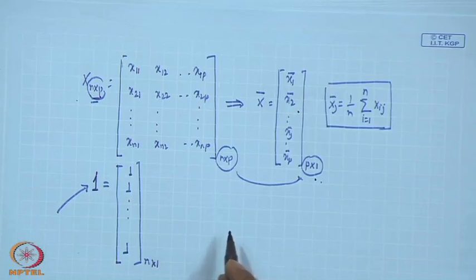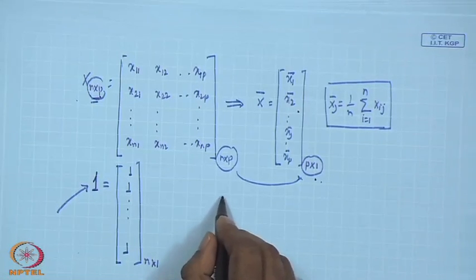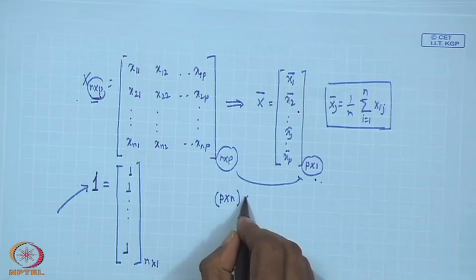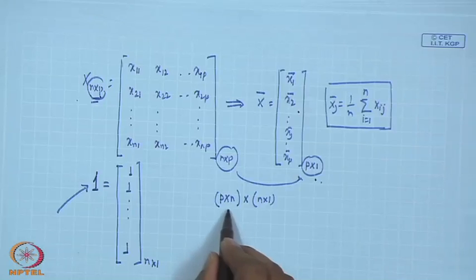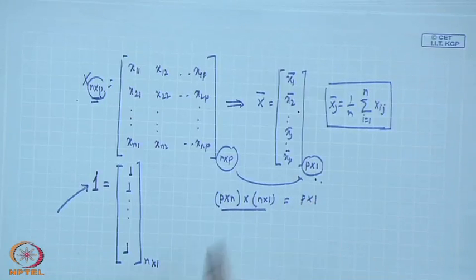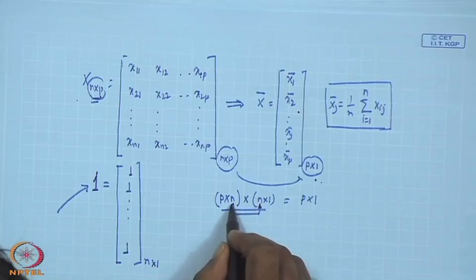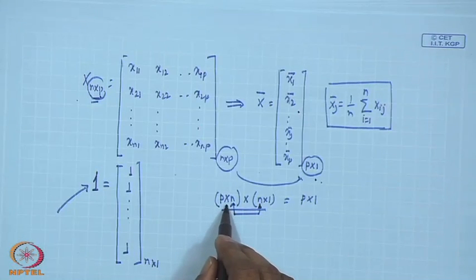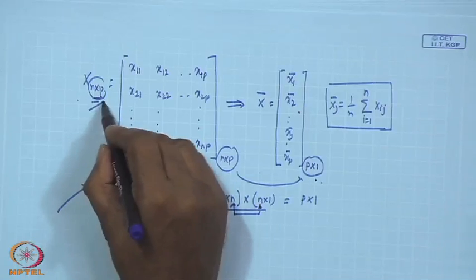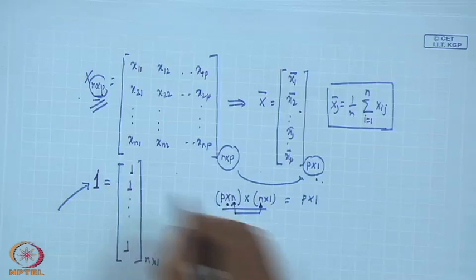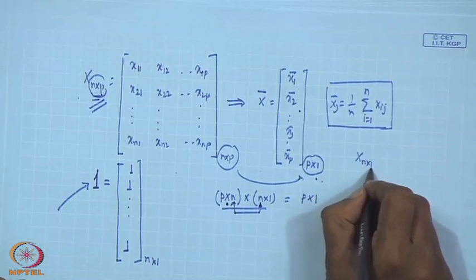Okay. So, if I create p cross n into n cross 1, is it p cross 1 from the matrix multiplication point of view? Row, column. Here the number of columns equals the number of rows, so the equality is there. If I want to do this, I have to transpose this matrix. I have a matrix called X with n cross p.